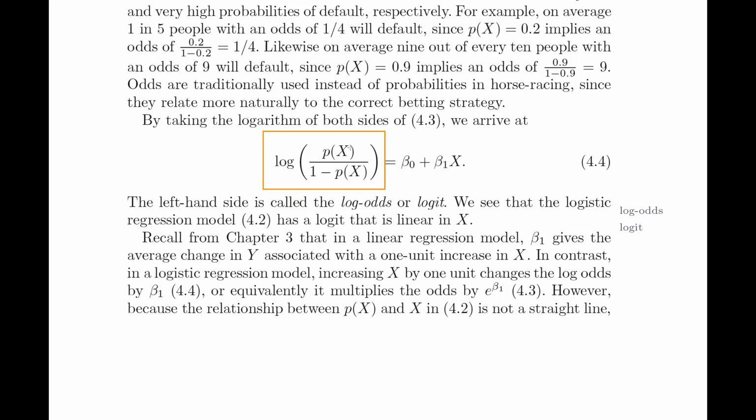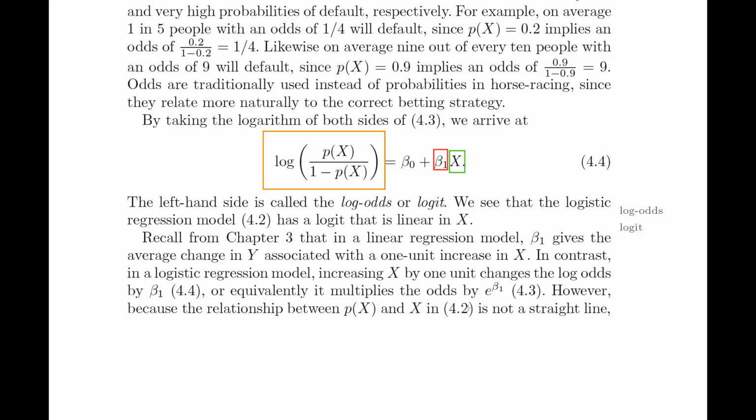If you increase X by 1, the log odds will increase by beta 1, which means it multiplies the actual odds by e to the beta 1.